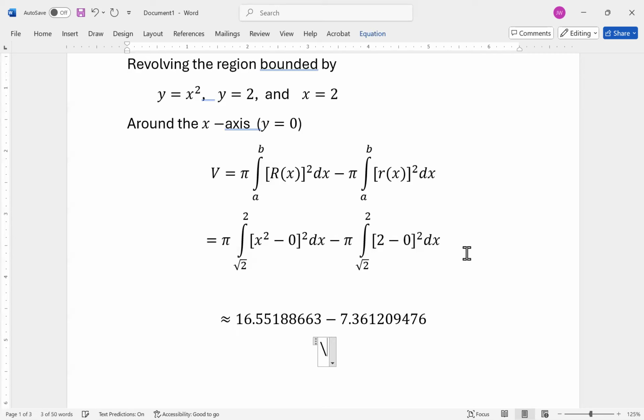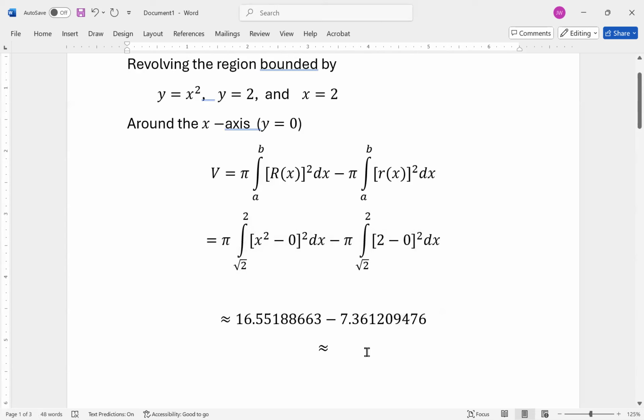And I believe you get some number times square root of 2. So if I wanted to do this and be exact, I think this 16.55 has pi and square root of 2 involved in it. And then I think this number also has pi and square root of 2 involved in it.